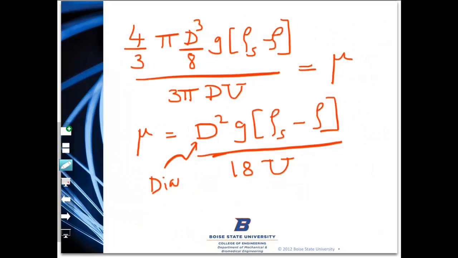Okay, so hence we proved what we are asked to do. So we can find the viscosity of the fluid based on the diameter of the solid, the acceleration due to gravity, density difference between the solid and the fluid, and the velocity.